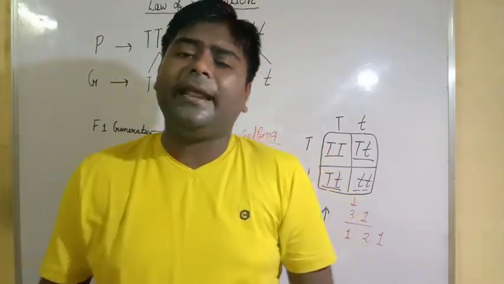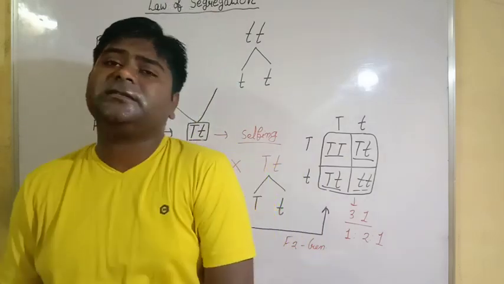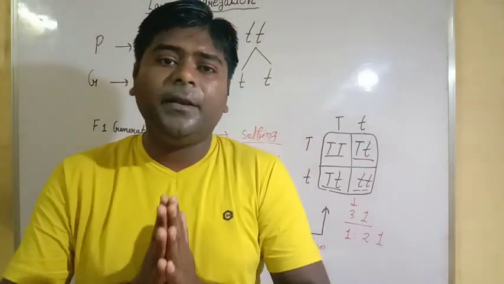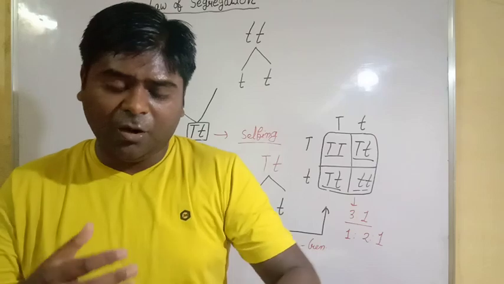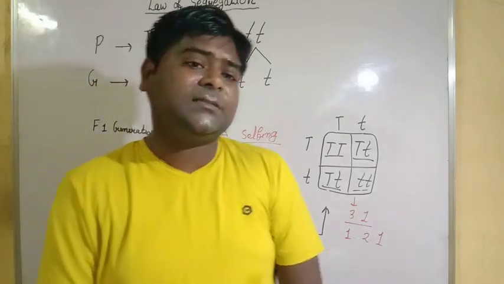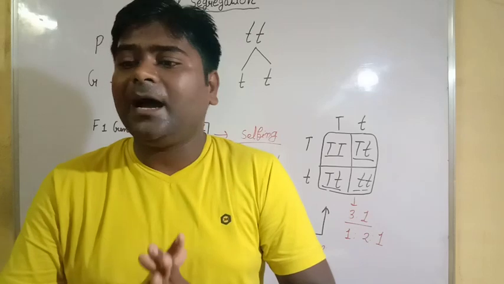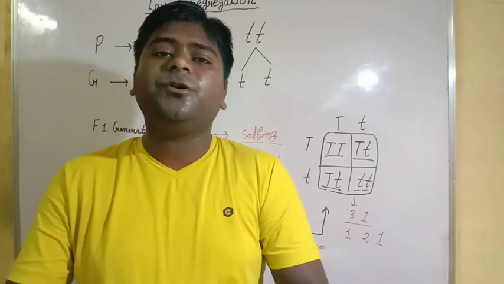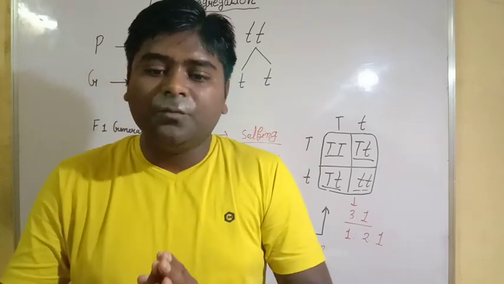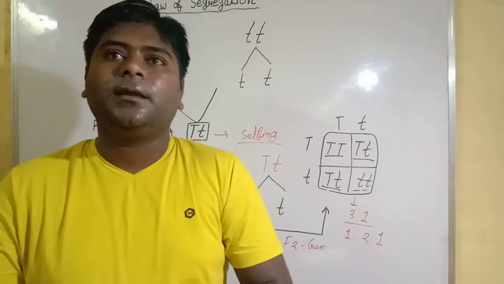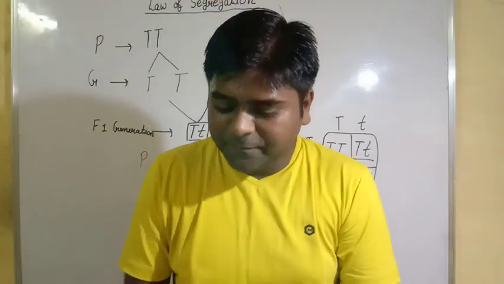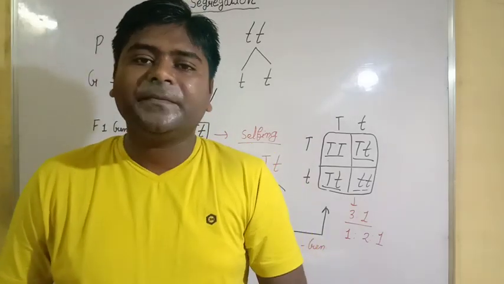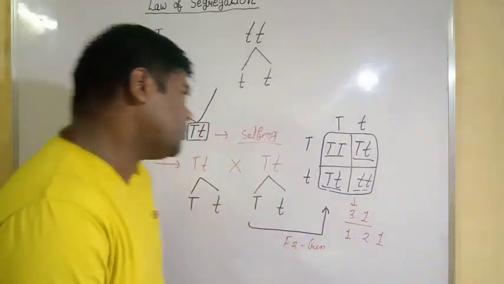But characters are different from factors. So Mendel wanted to know what will be the pattern of transmission of characteristics whenever we have a dihybrid cross, that is, when we have the fusion of two characters, what will be the genotypic as well as phenotypic ratio. And for that he gave his third law, that is the law of independent assortment.